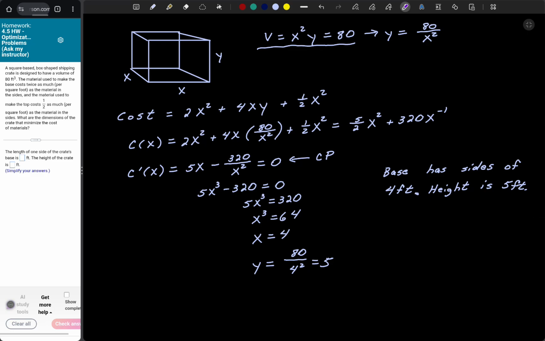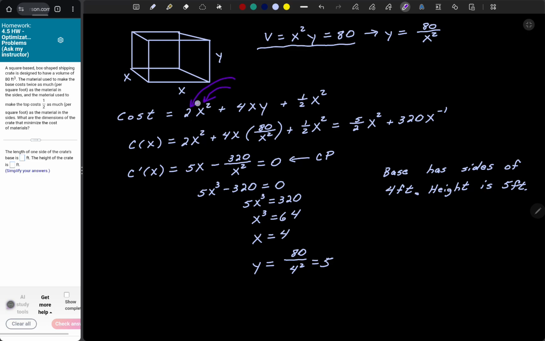Now, speaking of that cost function, the cost is going to be the cost times the surface area. We have three different costs throughout this. I'm going to call the cost of the sides 1 unit. Since it's twice as expensive to do the base as the sides, the area of the base is x squared times 2 times the cost of the sides.